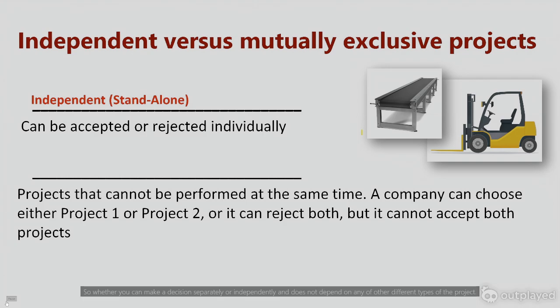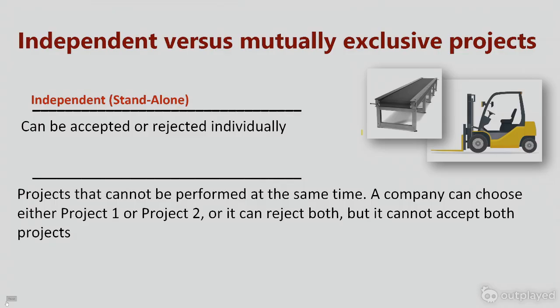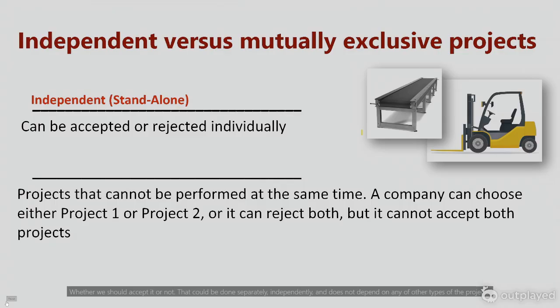You can make the decision separately, and it does not depend on any other projects. Whether we should accept it or not can be done independently. That's the case of independent projects.